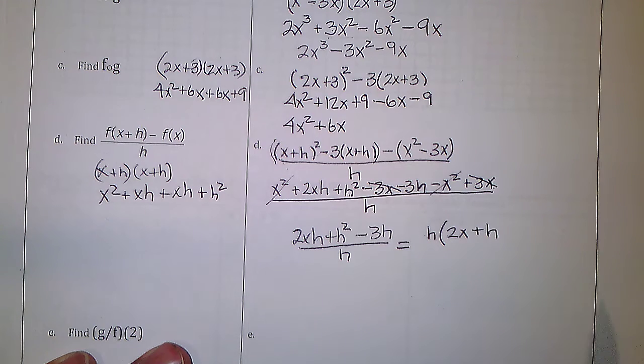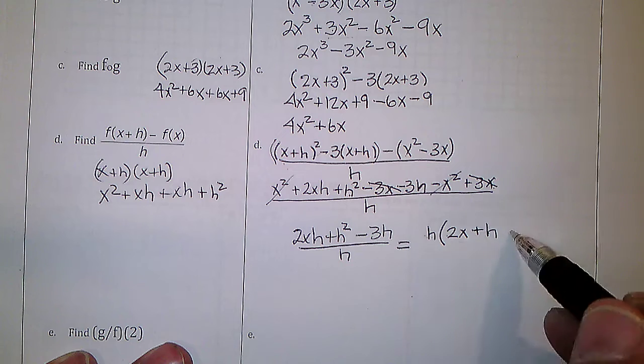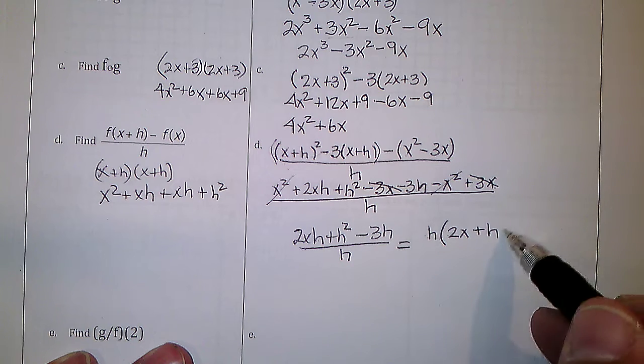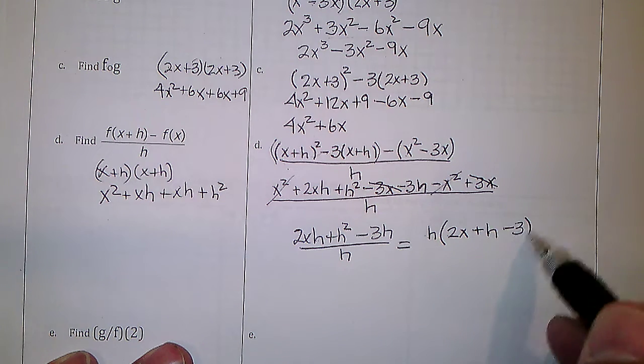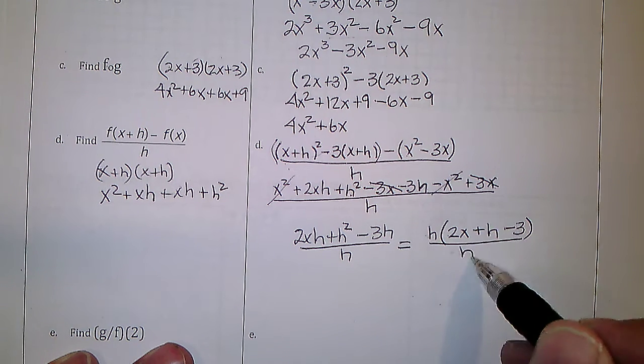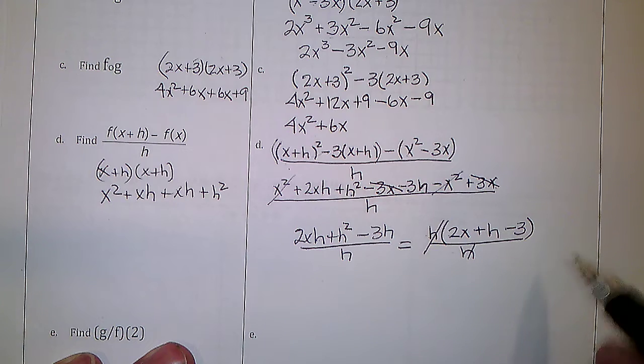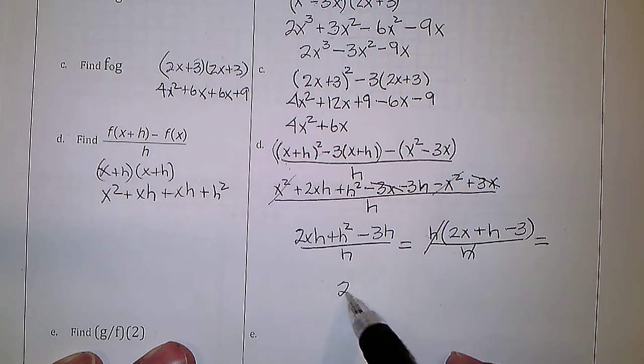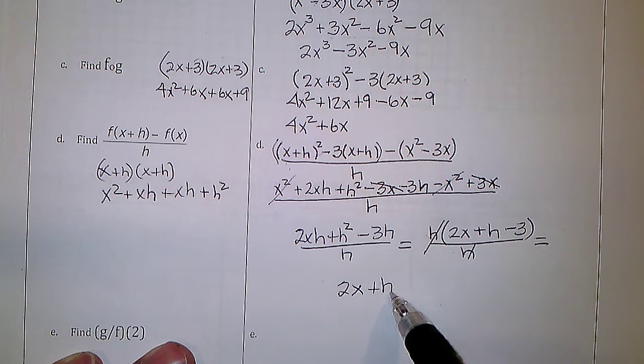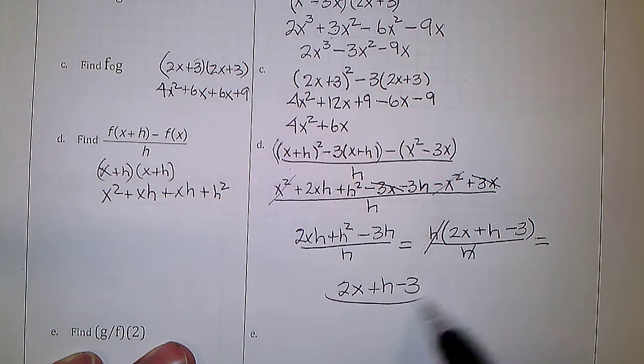Plus h. h times what would be negative 3h? A negative 3. Over h, these cancel, and I'm left with 2x plus h minus 3.